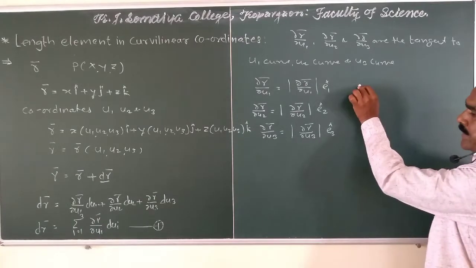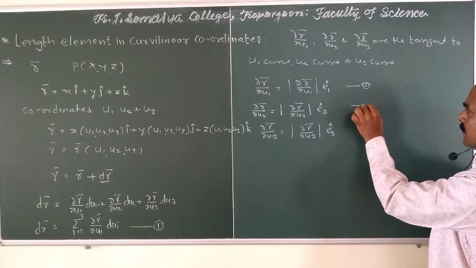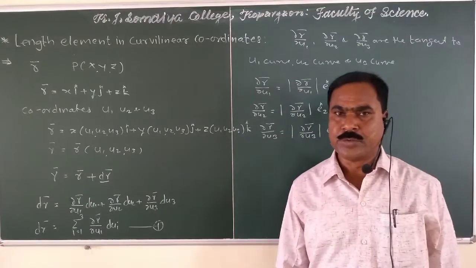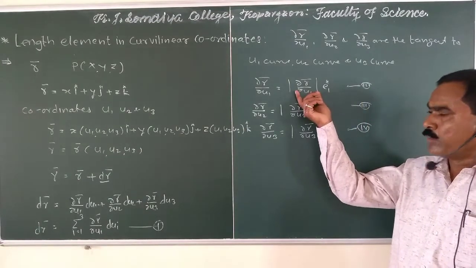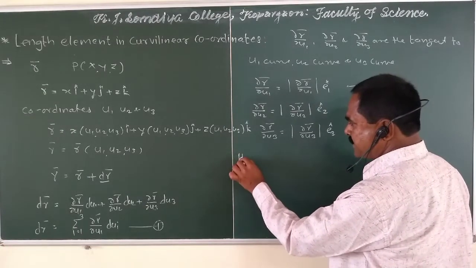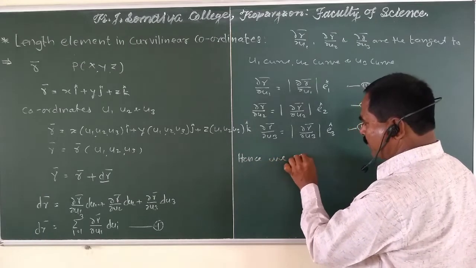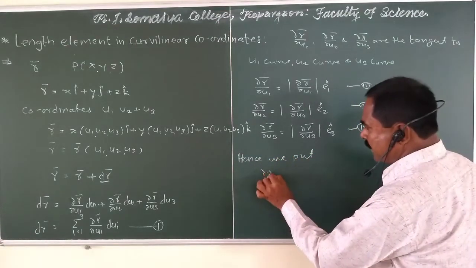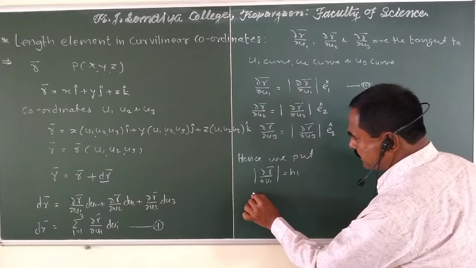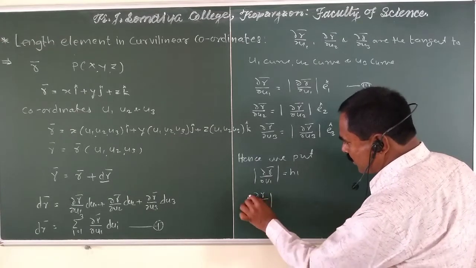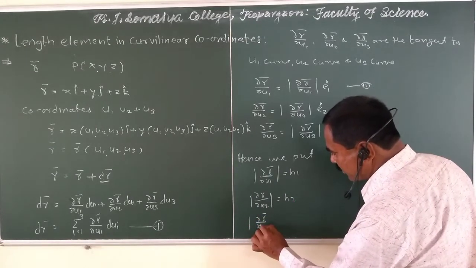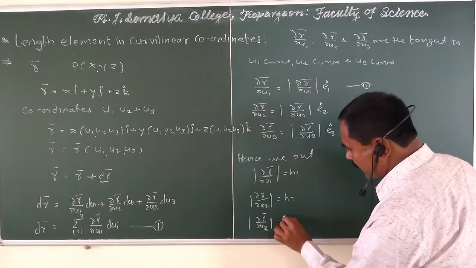These are equations second, third and fourth. Further, we substitute mod of del r bar by del u1 as h1, mod of del r bar by del u2 as h2, and mod of del r bar by del u3 as h3.